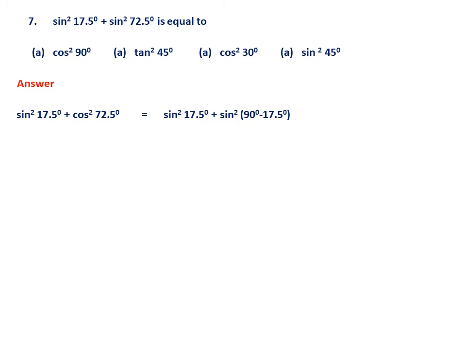It is sine square 72.5 only, but sine square 72.5 I can write as sine square of 90 minus 17.5. So that will be equal to sine square 17.5. See, sine square 90 minus 17.5 is cos square 17.5.